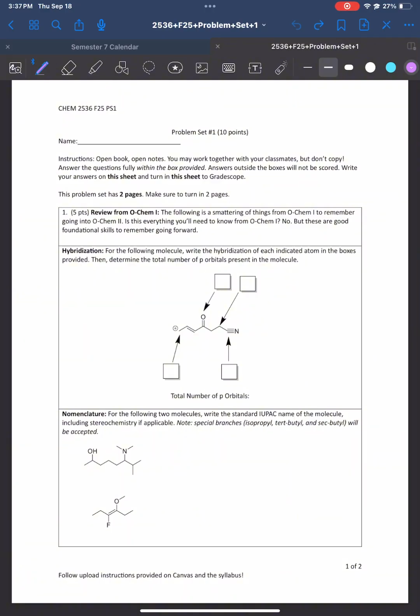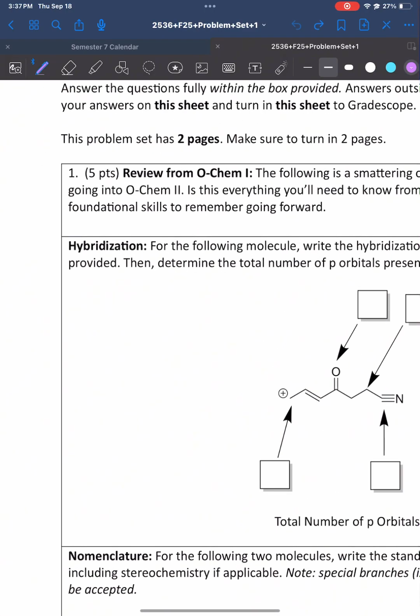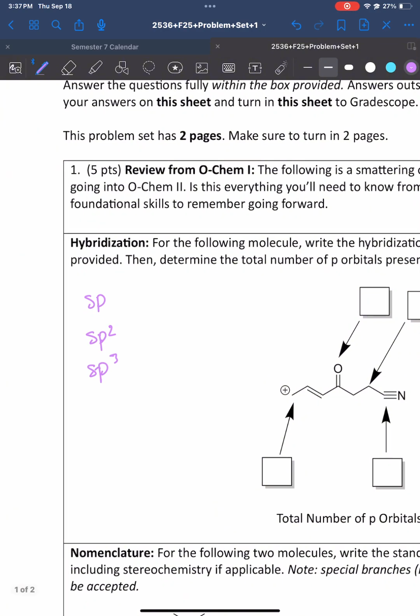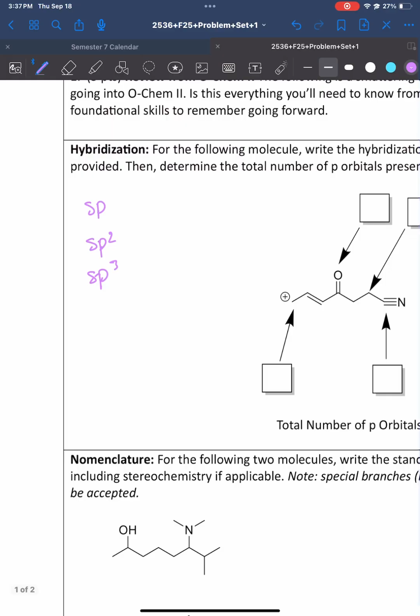General rule of thumb, the hybridizations we want to consider are going to be sp, sp2, and sp3. So if we think about what an atom's hybrid orbitals look like, for example, we have a carbon right here, and it's going to have some hybrid orbitals coming like this.